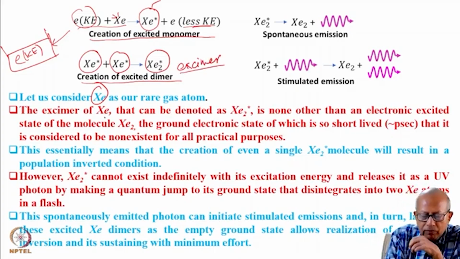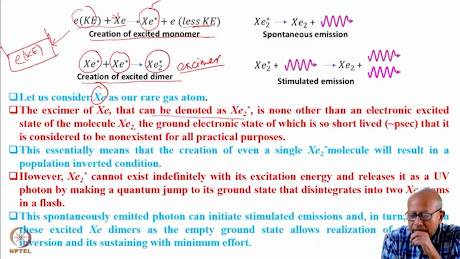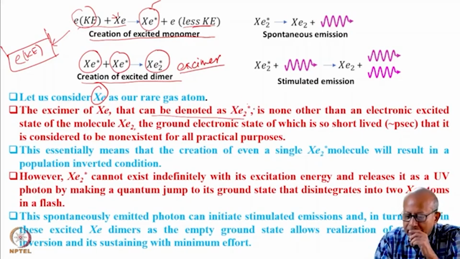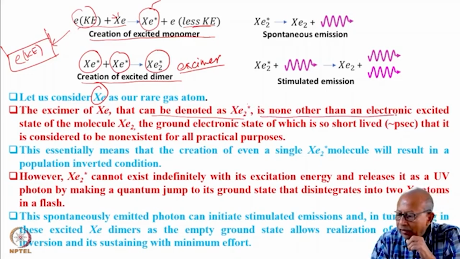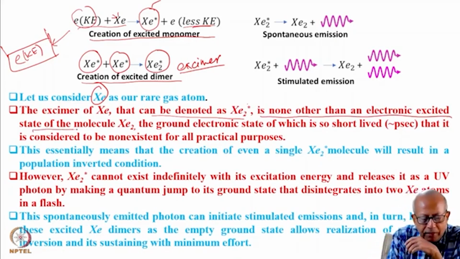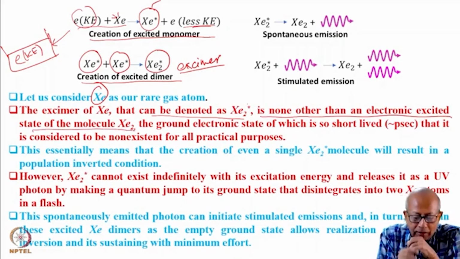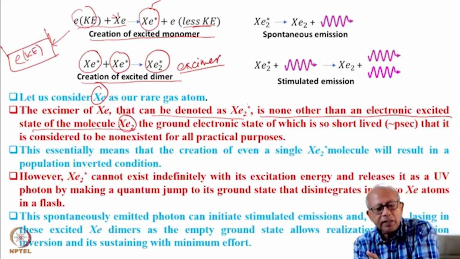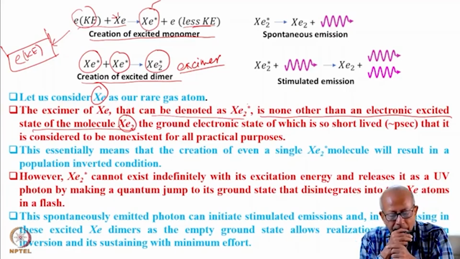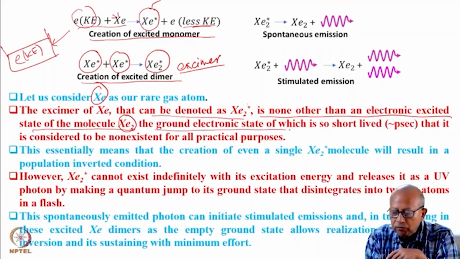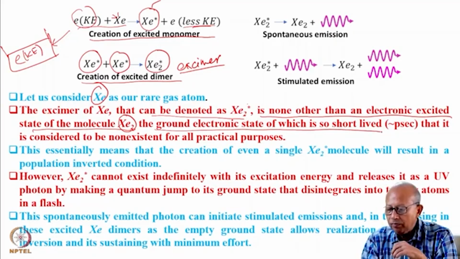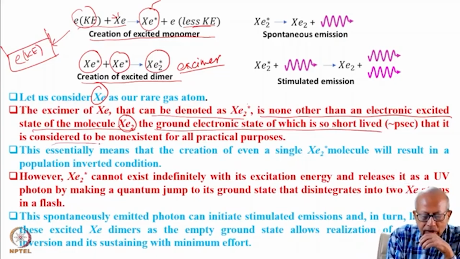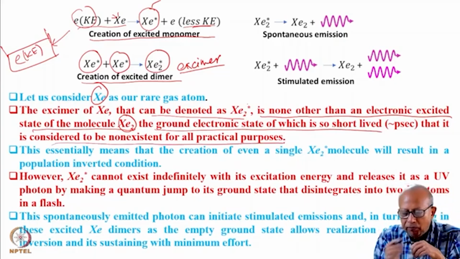This is now the excimer of xenon. So the excimer of xenon, which can be denoted as Xe2*, that is excited, is none other than an electronic excited state of the molecule xenon. Because this doesn't exist in the ground state, but exists in the excited state. The ground electronic state of which is so short-lived that it is considered to be non-existent for all practical purposes.